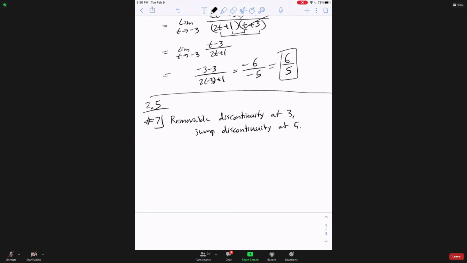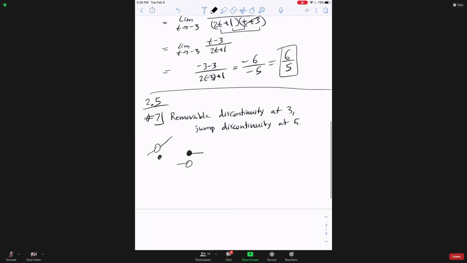All right, so remember what a removable discontinuity is. It looks like that. A jump discontinuity looks something like that. Just FYI. So 1, 2, 3, 4, 5, 6. Removable discontinuity at 3.